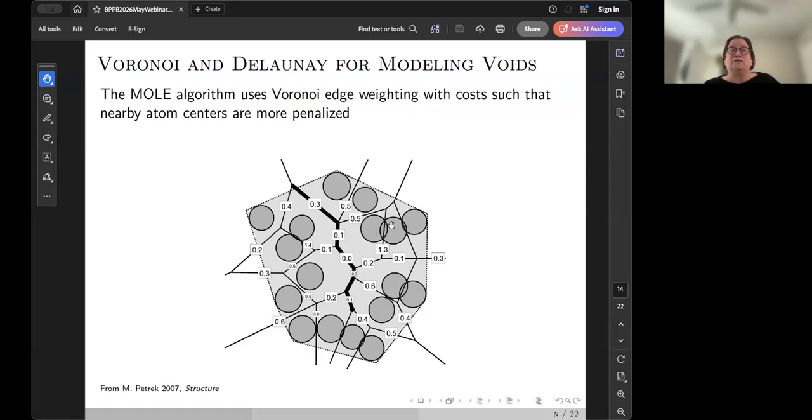So these two things share this face, and I'm going to give it a small weight because they're very far apart. These two things share this face, and it's going to get a large weight because they're quite close to each other in the Voronoi diagram. This allows me to locate these paths of small value weights as potentially zones that are voids in the space. That is the main motivating idea behind how this geometry allows us to find these things.